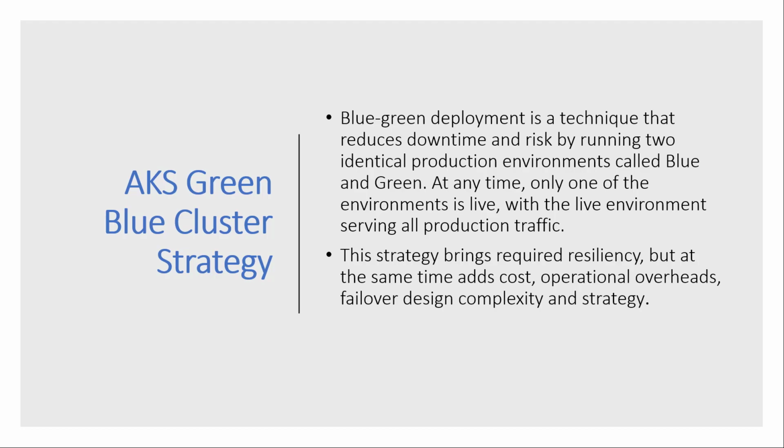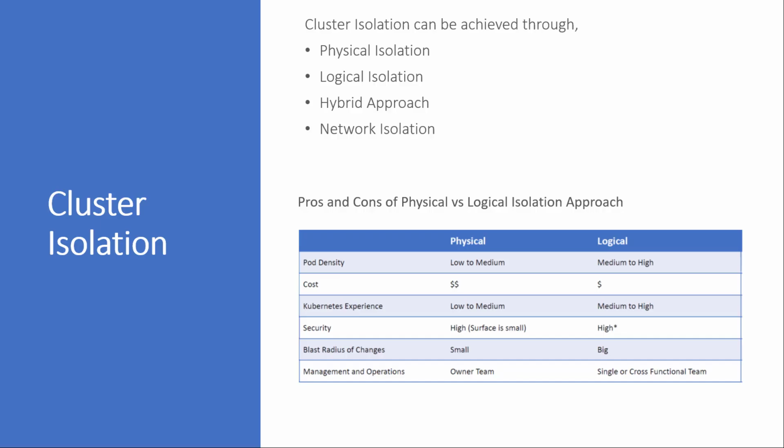Next important topic here from that big topic slide is cluster isolation, right? And why would we need cluster isolation? Before we go into what your options are, most organizations would not deploy a cluster for one single application. That may not make sense.